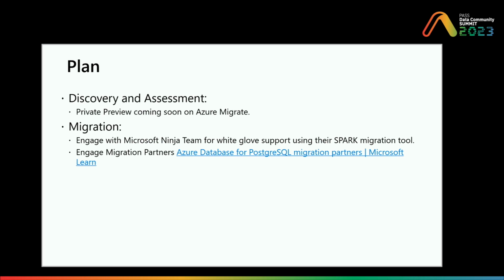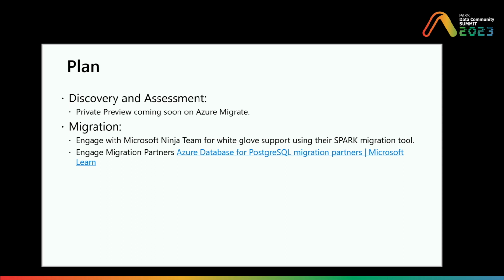So discovery for Postgres, for SQL, Neil just showed you that we have assessment and discovery already available. For Postgres, we are coming soon on Azure Migrate. For migration, we have 2 options right now. One is the Microsoft Ninja team will help white glove some customers using the Spark tool. Kuldeep will be talking a little bit more about that as well.